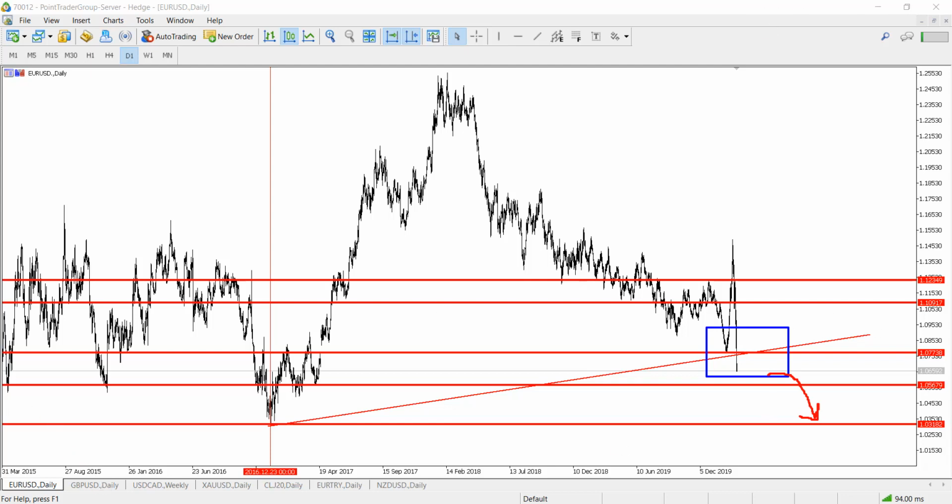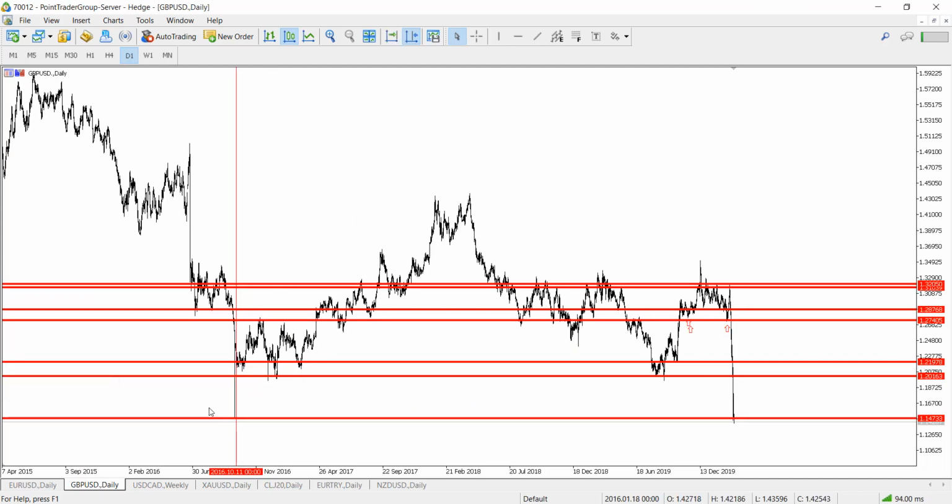Let's move to the GBP/USD on the daily time frame as well. So we're going to find pretty much the same historical level here, 1.1470. What we're going to do now is wait for some bullish evidence to show up here. Maybe a weekly close should be found above this level.